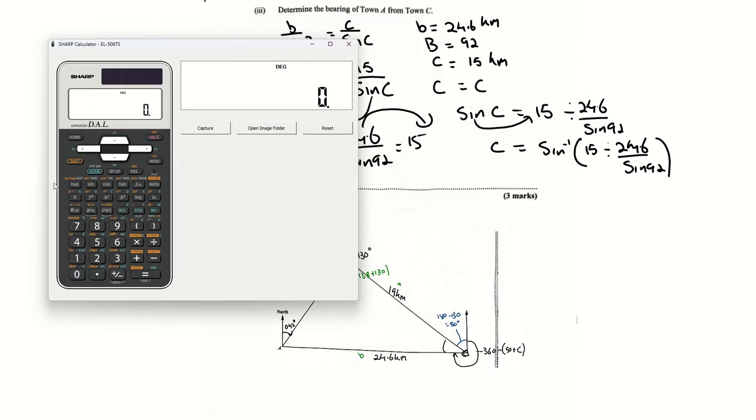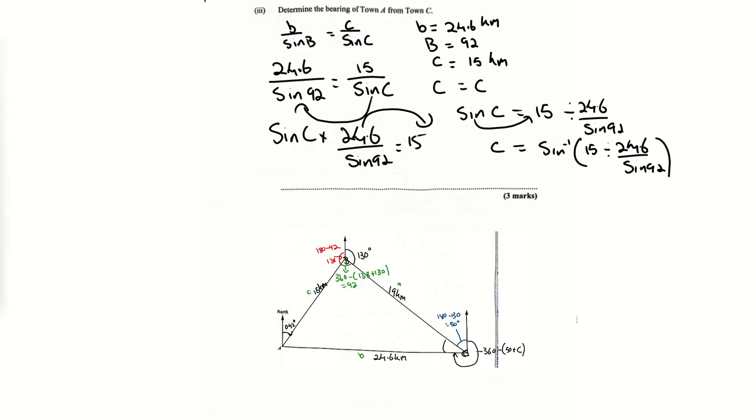So we have second function sine, which is sine inverse, open bracket, 15 divided by 24.6 over sine 92, close bracket, press equal, and I should get 37.5. So C should be 37.5 degrees.